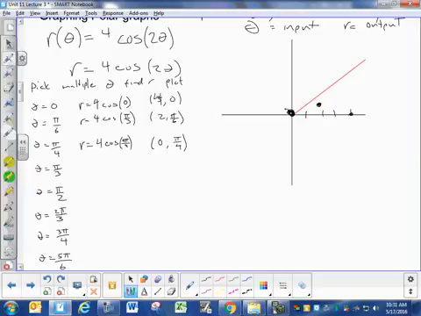So it looks like we're at the point 0, 0, but actually this point right here is the point 0, pi over 4. Okay, and we kind of see the beginnings of my polar graph.